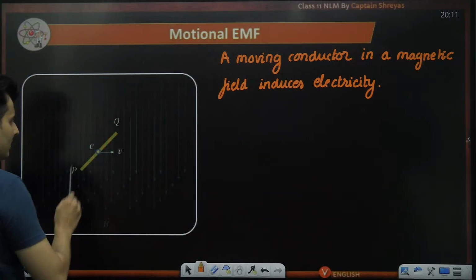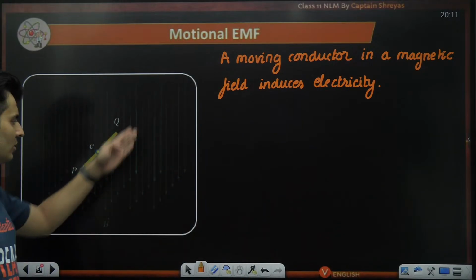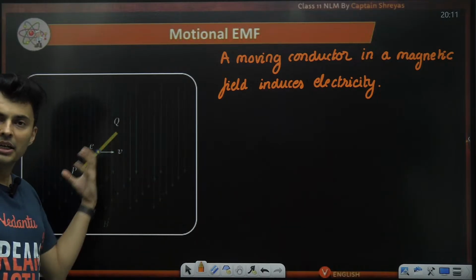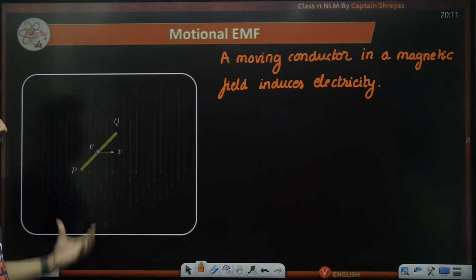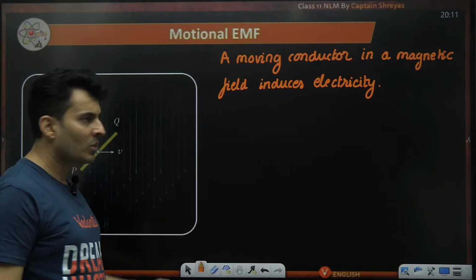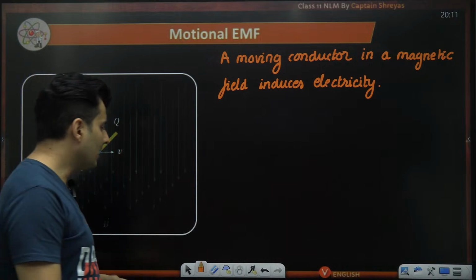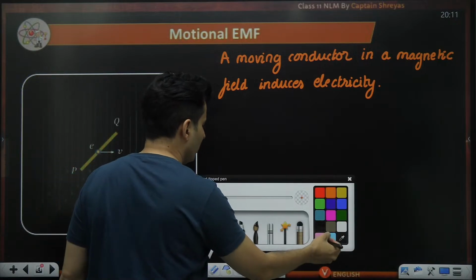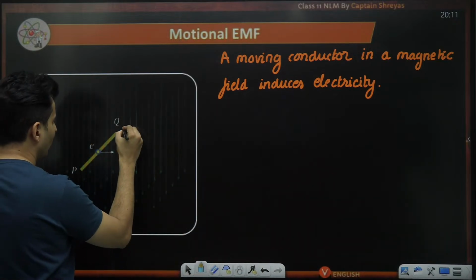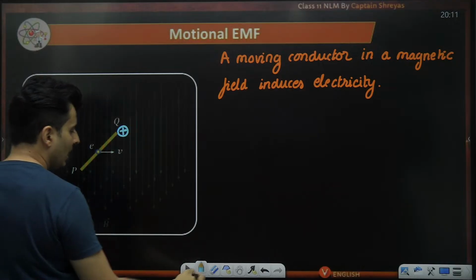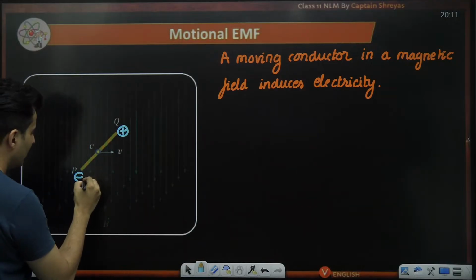As you can see over here, this is a conductor, it is moving. You can see those lines, those are the magnetic field. It will induce electricity, and the moment it induces electricity, one side will become positively charged, one side will become negatively charged. Maybe one end will become positive and the other end will become negative.